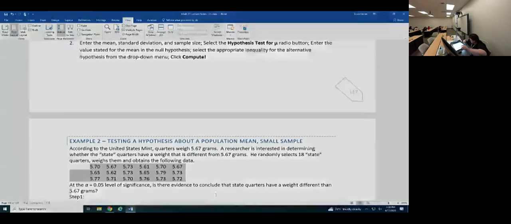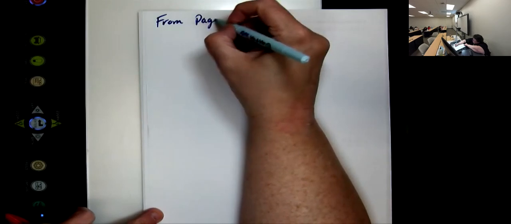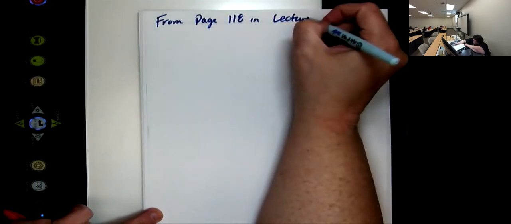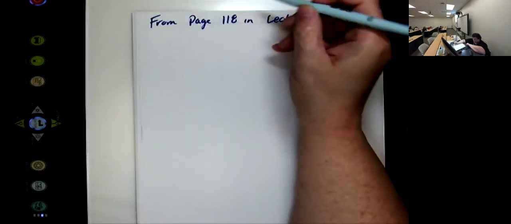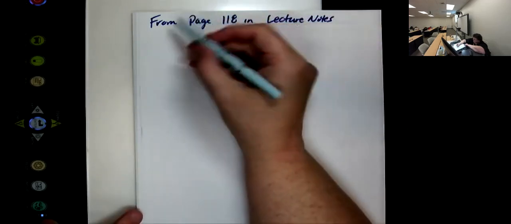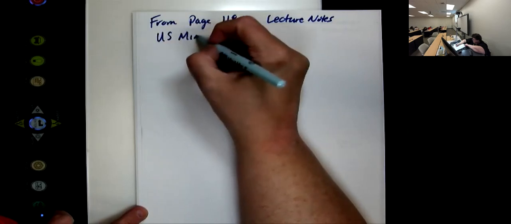So I'm going to write down the important information here. This was from page 118 in the lecture notes. They are in Canvas, in the file section, but I'll show you guys how to get to them later. This is the problem on the US Mint quarters.